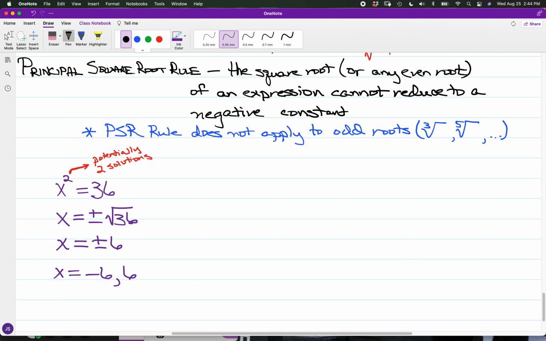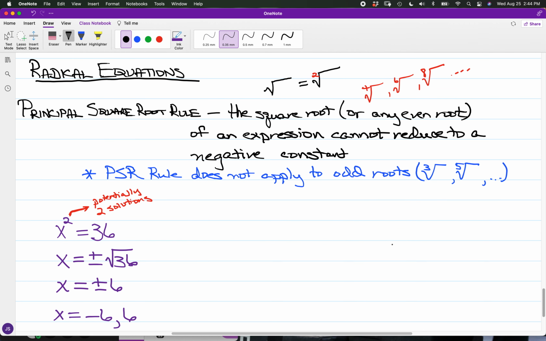Now, for what we have in the case of radical equations, if we're looking at solving for x, let's say the problem had started out with x is equal to the square root of 36. And let me just stress the degree here. So you have x to the first is equal to the square root of 36.